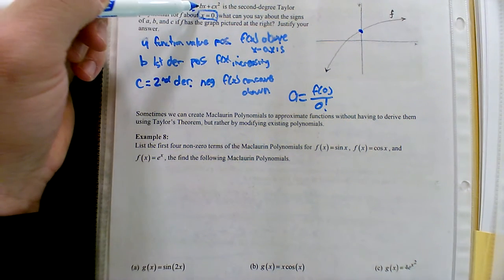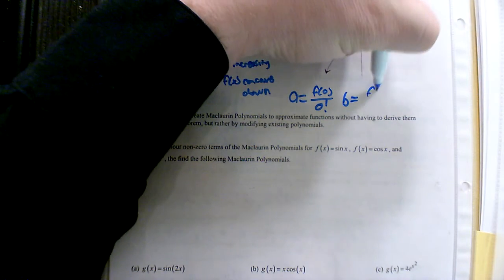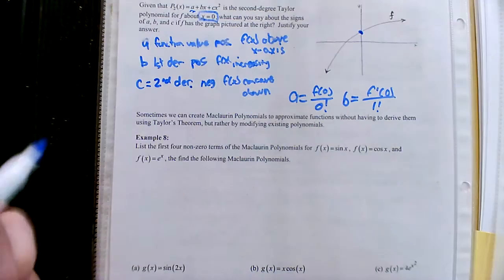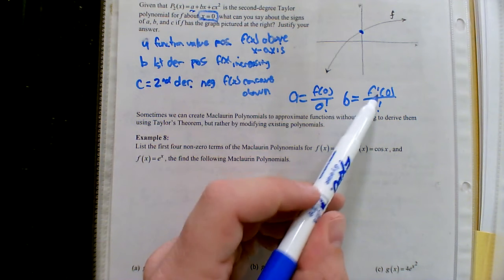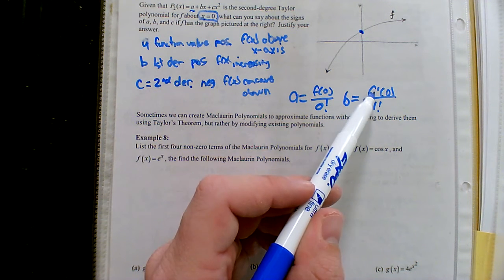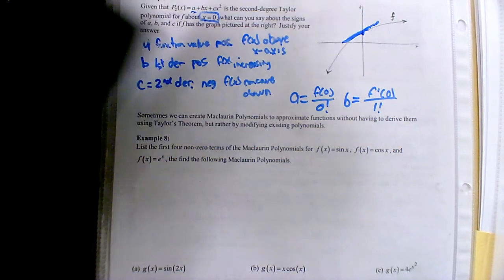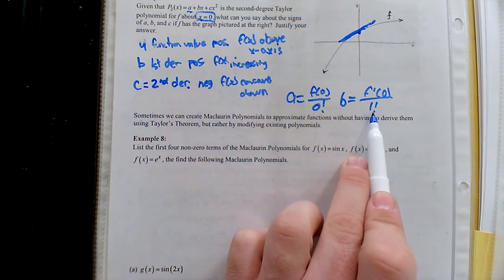B is the first derivative evaluated at 0 over 1 factorial. 1 factorial is positive, and the derivative at x equals 0 was positive, so B had to be positive.